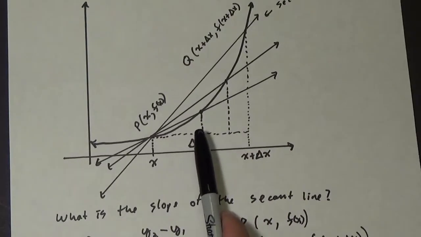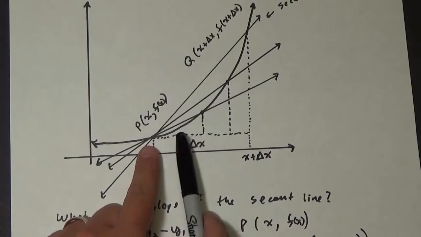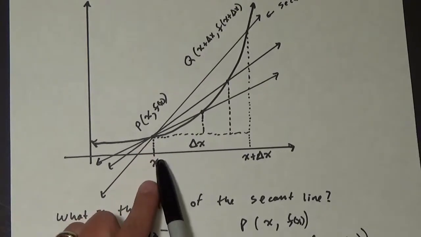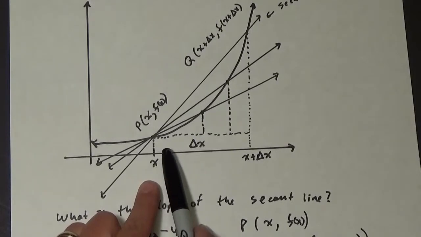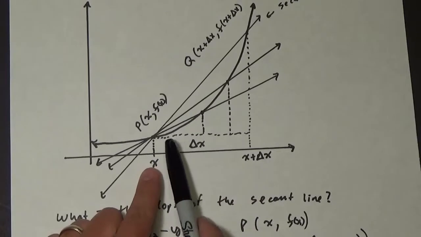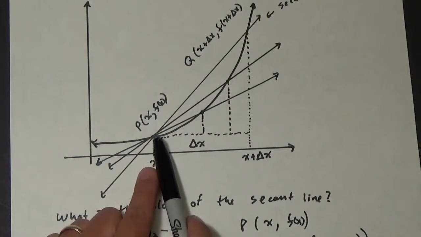What if we kept on getting delta x smaller and smaller? So that means this other point gets closer and closer. And we keep on getting infinitely close to x without actually ever getting x. Or another way to put it is, what if delta x gets infinitely small or almost 0, but not equal to 0?